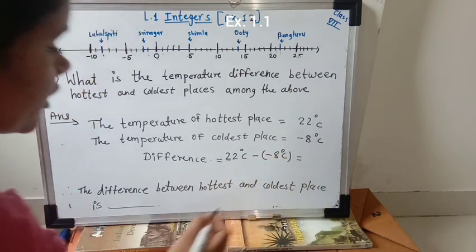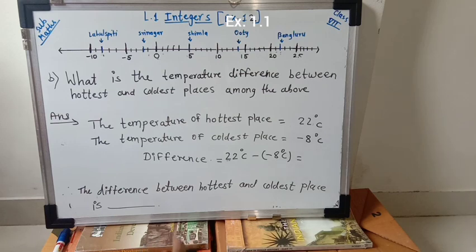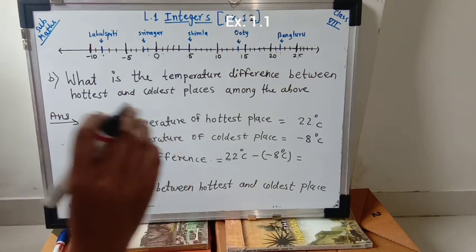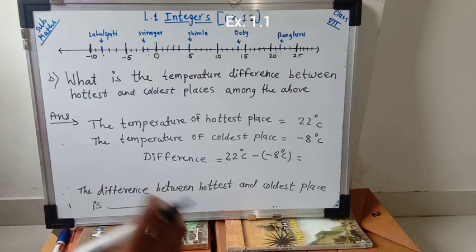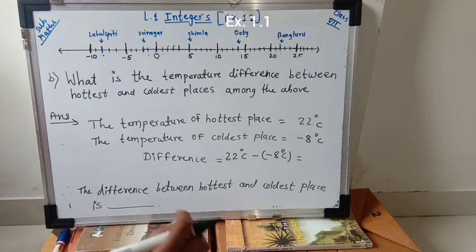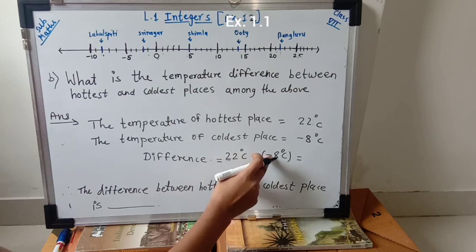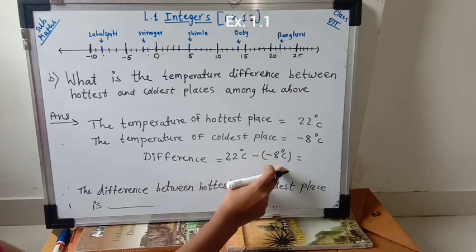Now here students, we are doing the subtraction of integers. This is the integer lesson where we have to remember the signs. When you are doing subtraction, multiplication, addition, you have to see the signs before you do the operation. Now here a negative sign is there, so what we have to do? We have to change the sign of the 8 degree Celsius.